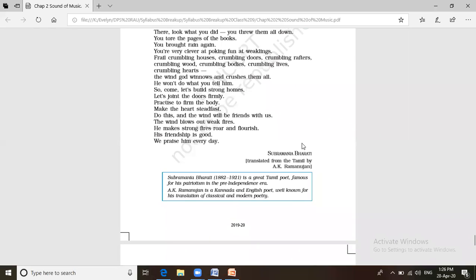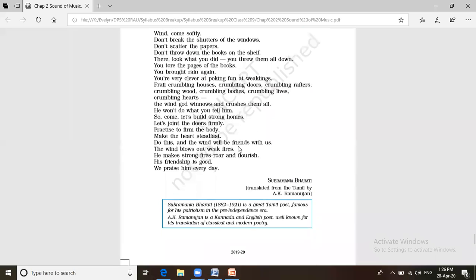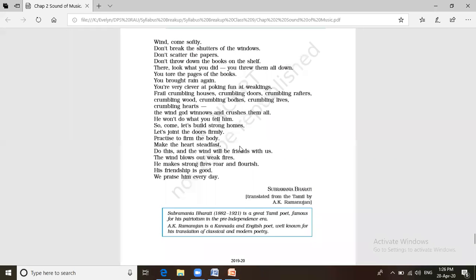Ishan has spoken once. Yes, Chirayu. Just this line, beta. The wind god winnows and crushes them all. What does the poet mean here? Ma'am, your voice is not coming clearly.